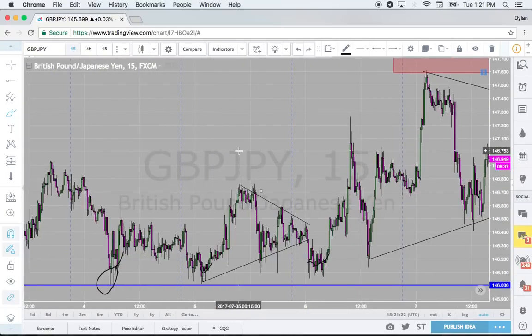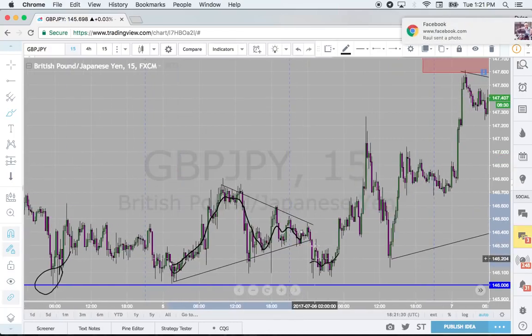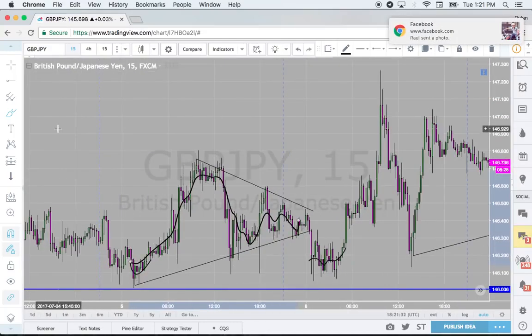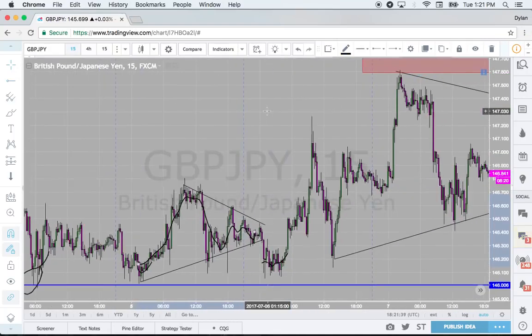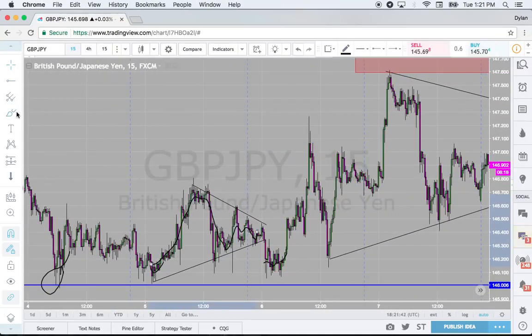Now, what we also notice is this wedge formation forming here, and then we can see the breakout of the wedge, or I should say the squeezing point of this wedge, the tip, the cone, the point of the wedge happened Asian session.